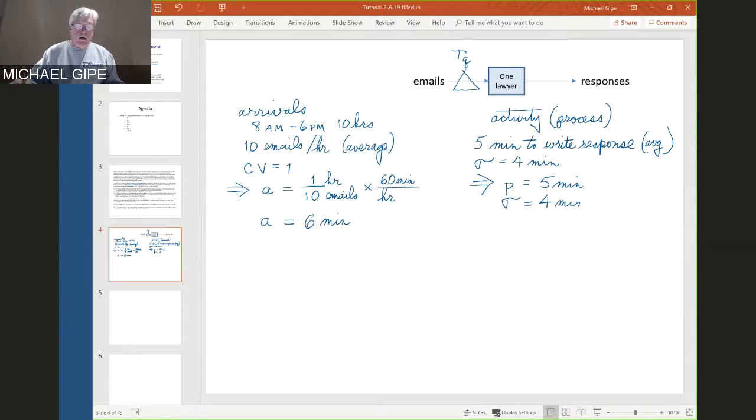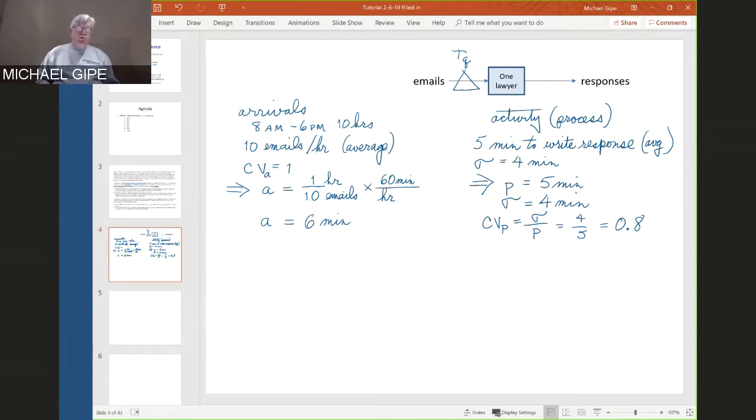With that, we can calculate the coefficient of variation for processing as the standard deviation divided by the average processing time. That works out to be 4/5 or 0.8.